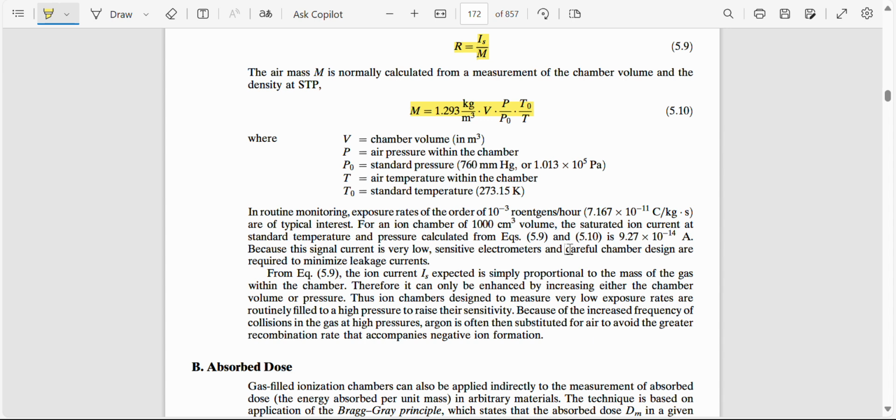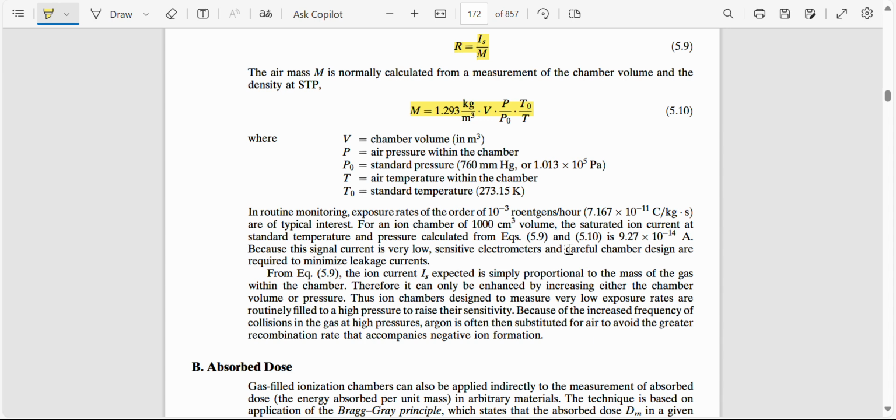How can you find the mass? You know the expression is 1.293 multiplied by kg per meter cube, multiplied by the volume, which is 1000, multiplied by P divided by P naught. P is the pressure which I provided, 850, divided by P naught, the standard pressure, which is 760, because upside is 850 mm Hg, and divided by 760 mm Hg, the unit cancels.